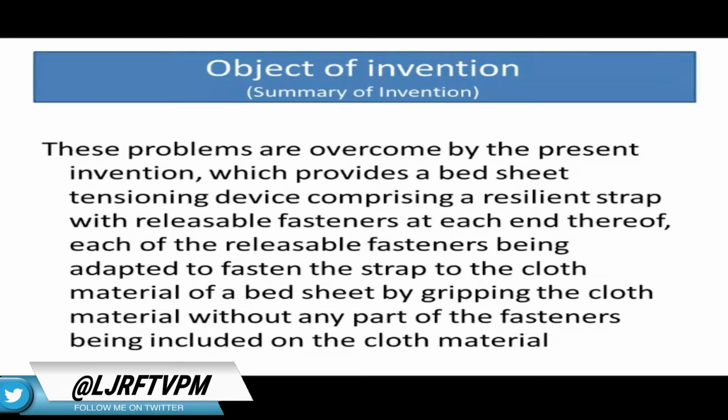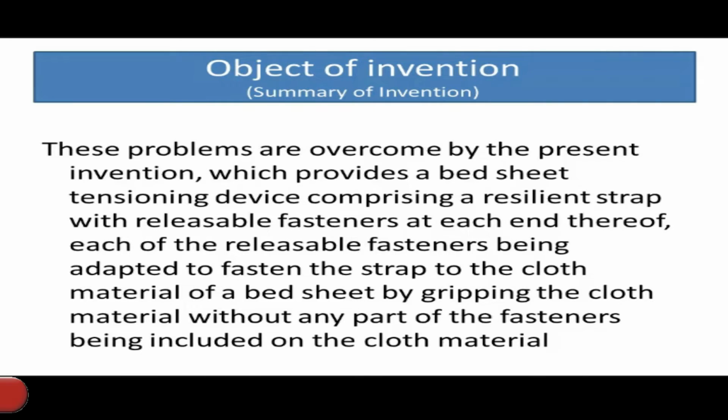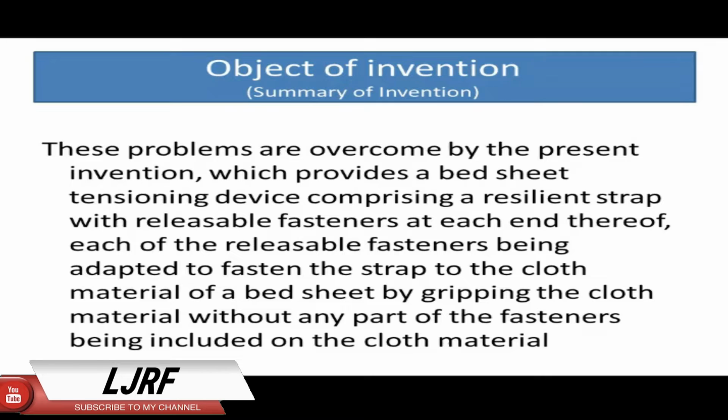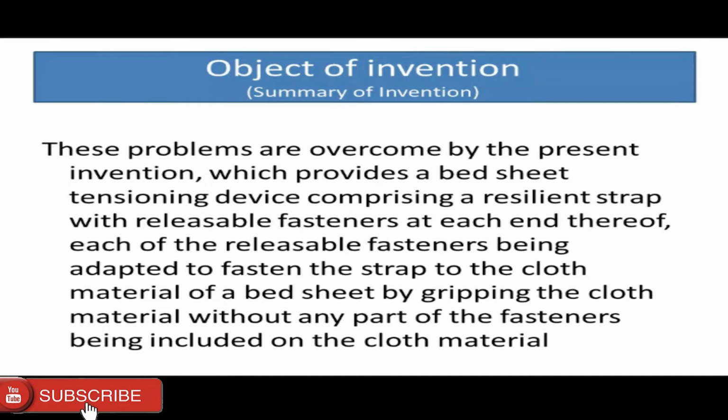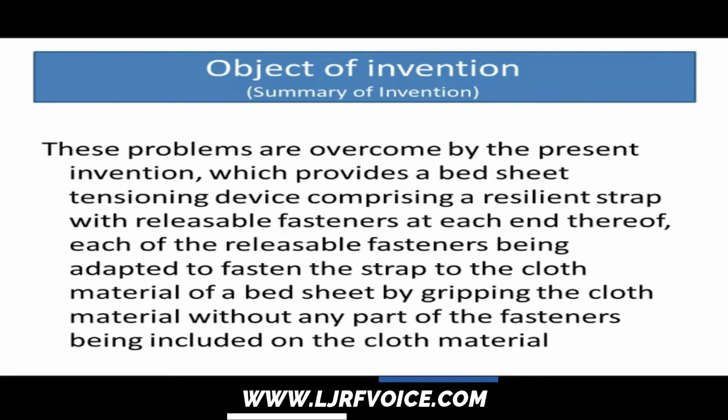A bedsheet tensioning device comprising a resilient strap with releasable fasteners at each end thereof. Each of the releasable fasteners being adapted to fasten the strap to the cloth material of a bedsheet by gripping the cloth material without any part of the fasteners being included on the cloth material.